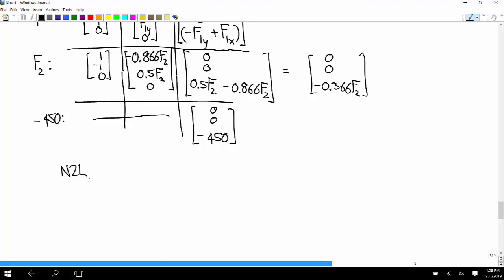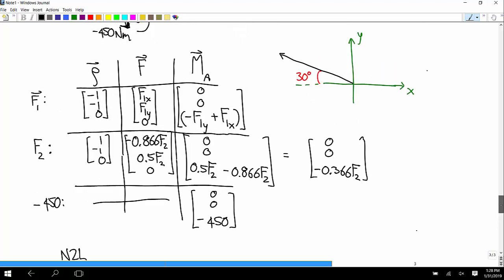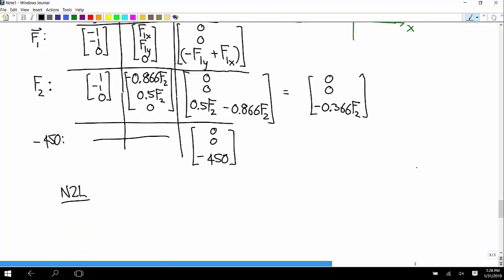So Newton's second law. I'm only going to keep the x and y components because the z components are 0. So we have f1x, f1y, plus negative 0.866 f2, positive 0.5 f2.